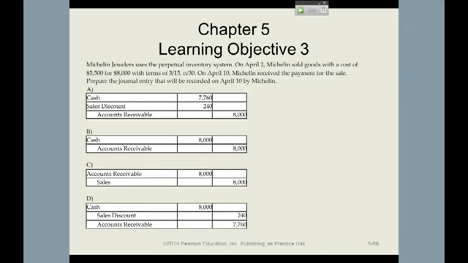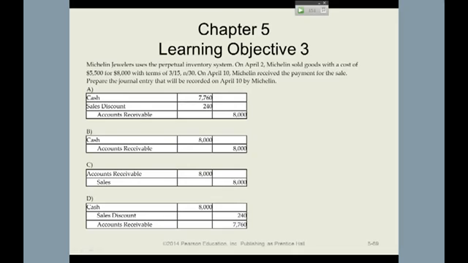What I want to know is we have a jewelry company using a perpetual inventory system. On April 2nd, they sold goods with a cost of $5,500 for $8,000, terms of 3/10 net 30. On April 10th, they collect. What would be the correct journal entry? So to answer this, I'm going to give you a little bit of a head start.